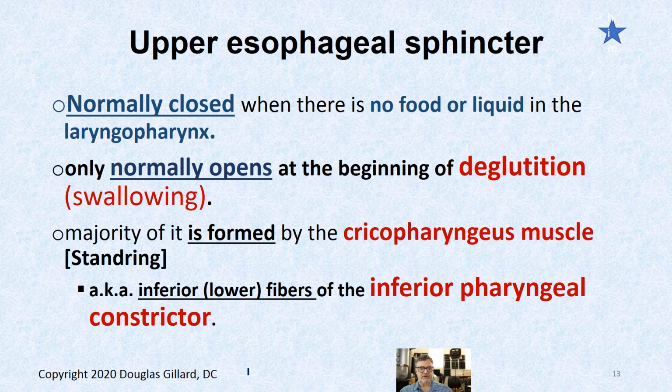The upper esophageal sphincter is normally closed. In fact, the upper and lower esophageal sphincters are normally closed when there's no food or liquid in the oropharynx or laryngopharynx. When you have a ham sandwich, you take a bite of it, chew it up, and form a ball of that food.